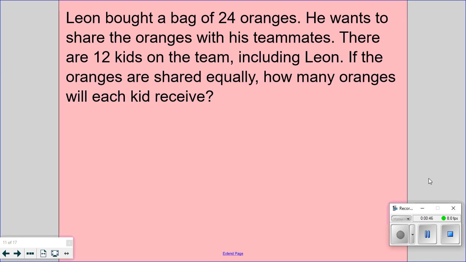What's going to be my answer sentence? Think about the question part. We're looking at the question part of that word problem. Jalen? Perfect. Jalen took that right from the question. Each kid will receive blank oranges.